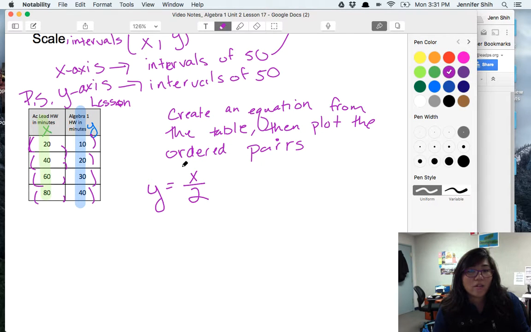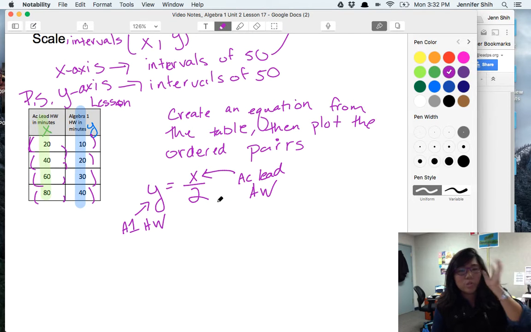So whatever the amount of ACLED minutes are, you divide that by 2 to get Algebra 1 homework minutes. Okay, so that is one equation.